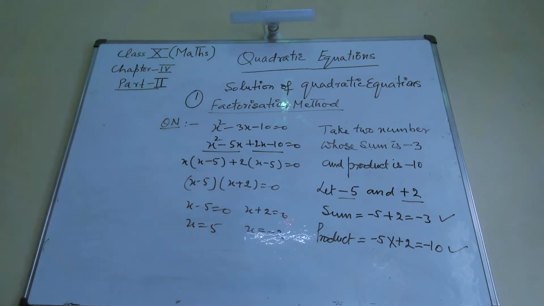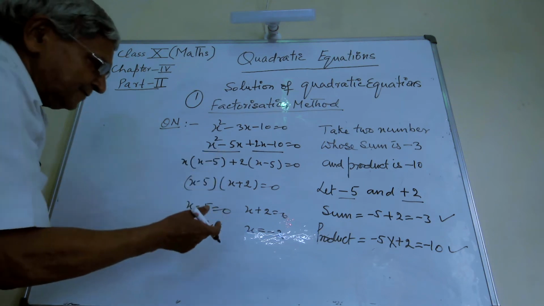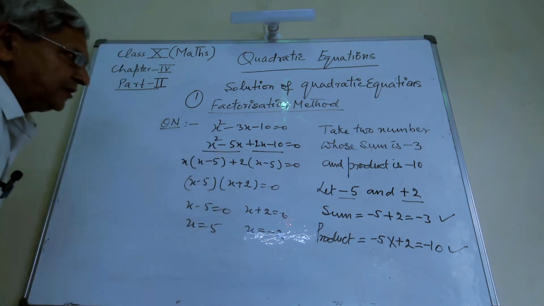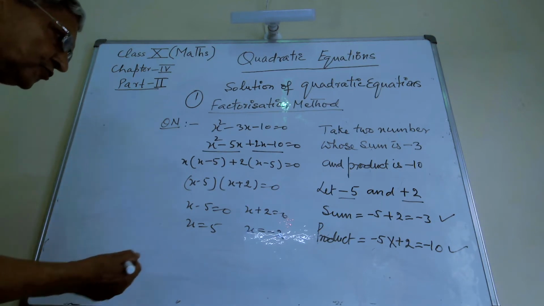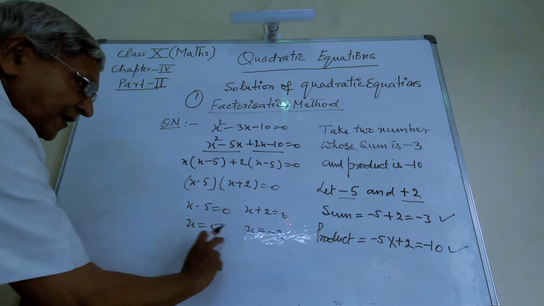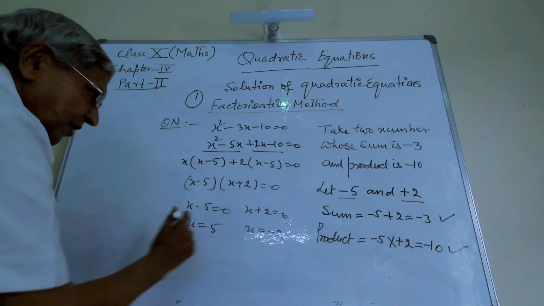Now these are the two values of this quadratic equation, or you can say these are the two roots of this quadratic equation. So the nature of the roots: both the roots are unequal and both the roots are real.